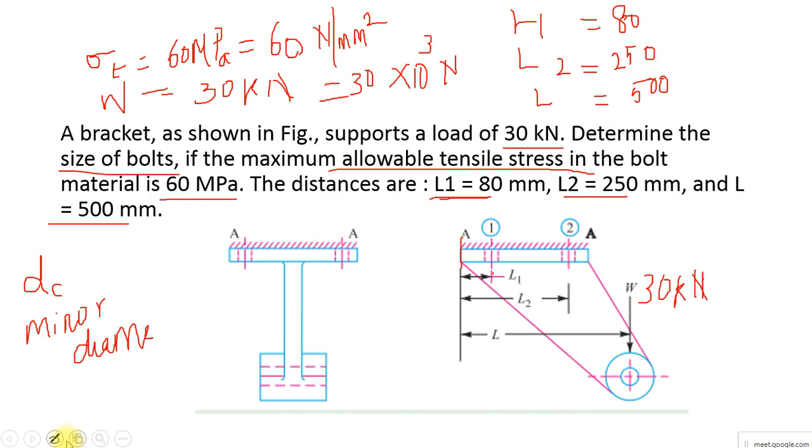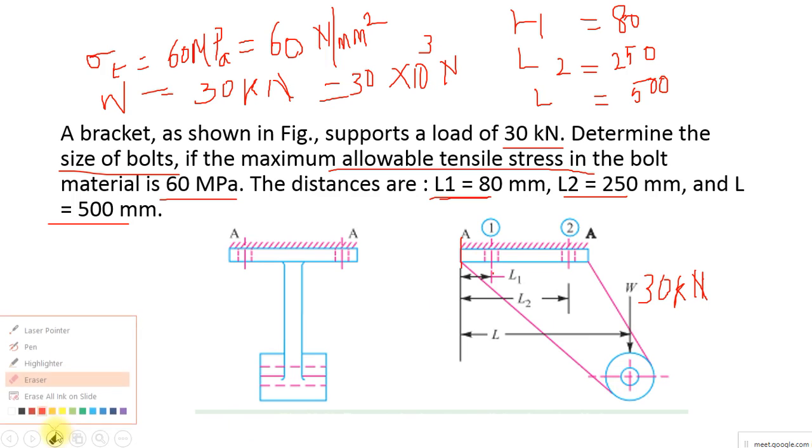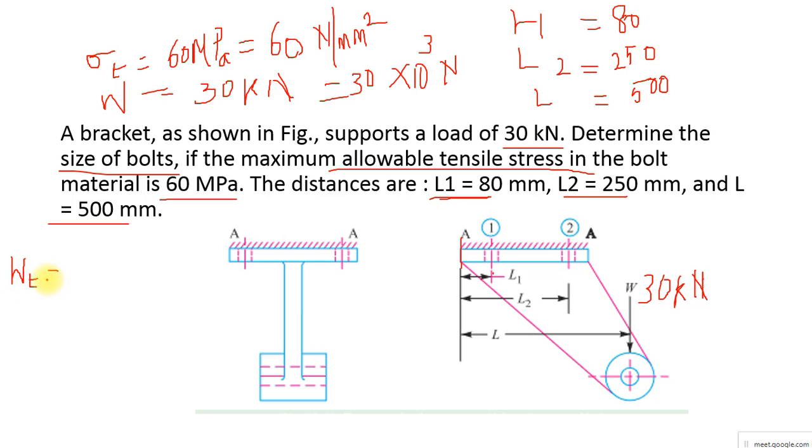As I told you earlier, we need only a minimum of formulas for this particular type of problem, when the axis of the load is parallel to the axis of the bolt. The first very important formula we require is the tensile load acting on the bracket, which is WT1 plus WT2. WT1 can be found by the total load acting divided by the number of bolts.